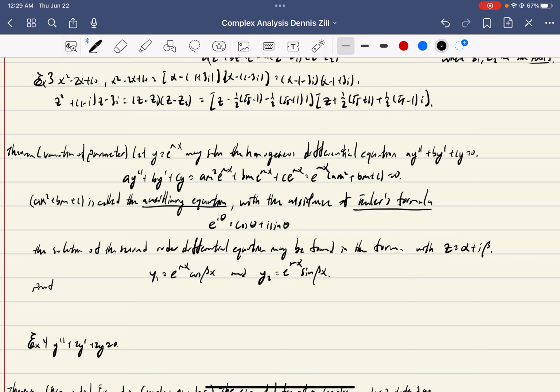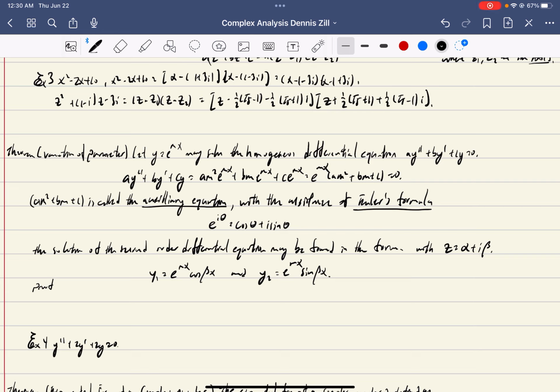Now, on the chapter of variation of parameters, or just let y equal to e to the mx, we may solve the homogeneous differential equation: a times the second derivative of y plus b times the first derivative of y plus cy is equal to 0.